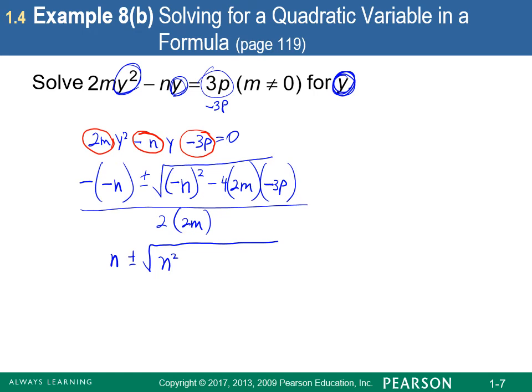Negative times a negative makes a positive. And we can put the numbers together. 4 times 2 is 8, times 3 is 24. Now there's no simplifying that can be done on that. And then on the bottom, we've got 4m. So that's as far as we can go, and that would be the answer.